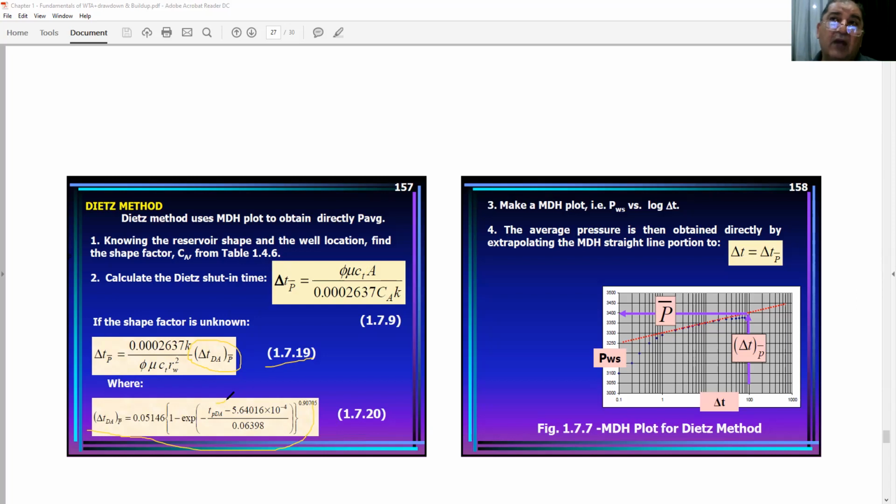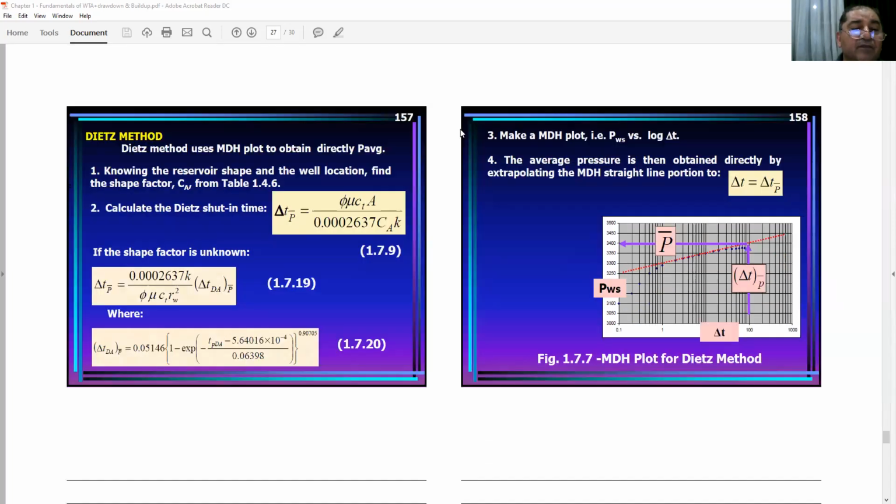You are done with this one, then you're going to go with the plot of your pressure versus delta t, delta t as it is, on a semi-log plot. When you got this plot, then you can use delta tp dash directly with the infinite acting line. You will be able to estimate your average reservoir pressure. This is Dietz's method, guys.